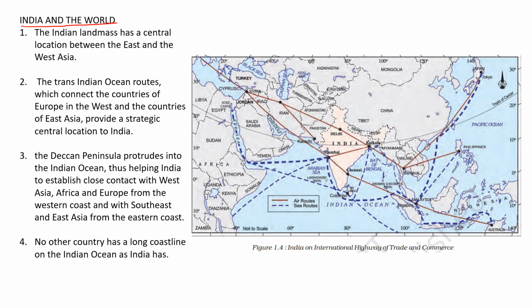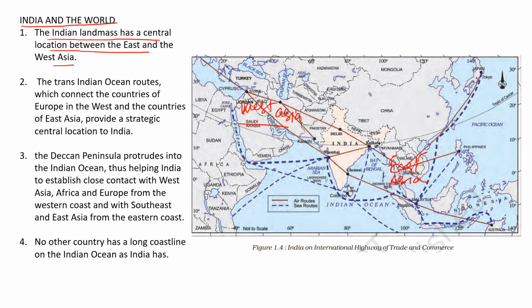India and the world. The Indian landmass has a central location between East and West Asia. So this is East Asia, here is West Asia, and India has a central location between them.